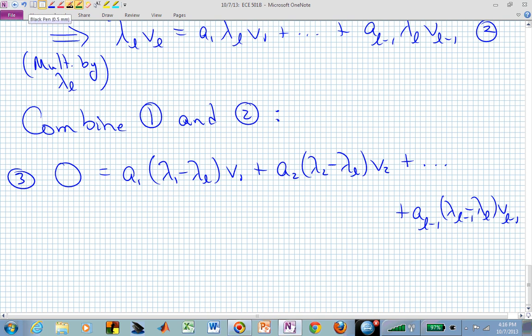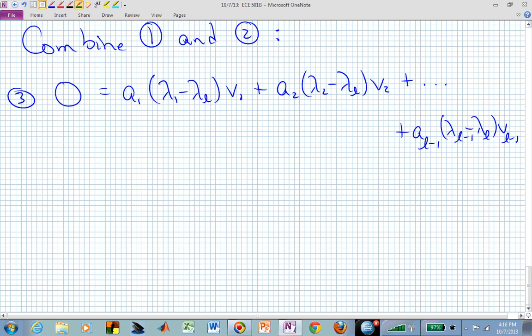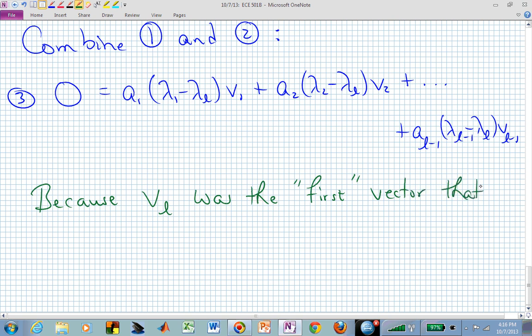What I've tried to say then is that those v's were linearly independent, and that was by our choice of v sub L, because v sub L was the first vector that could be written in terms of the earlier vectors.